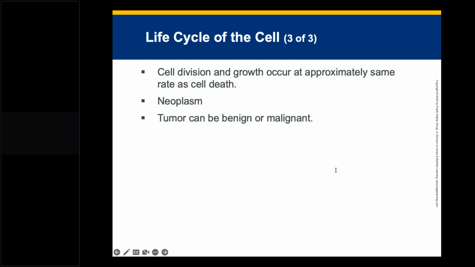But when it becomes a malignant tumor, it spreads to the surrounding tissue in a process called cell invasion. A malignant cell may travel to other organs or tissues to establish secondary tumors, called metastasis.